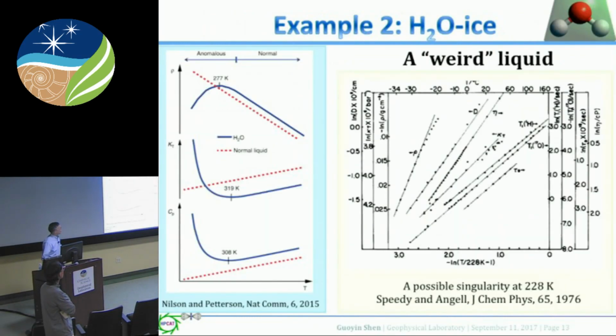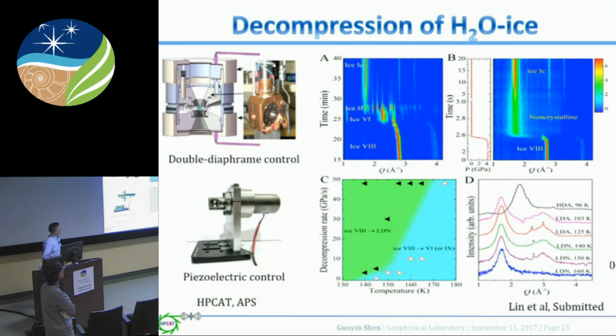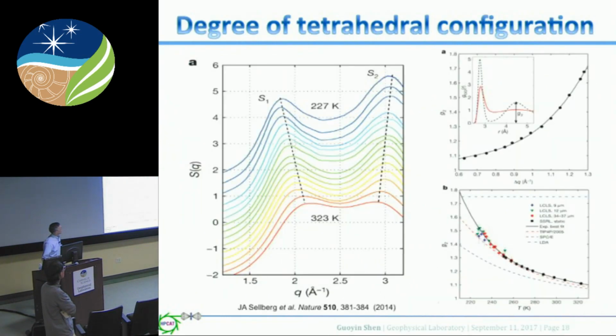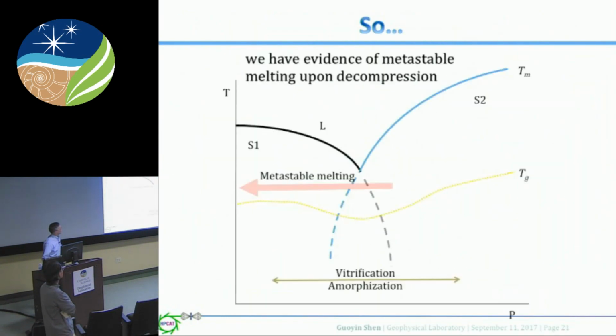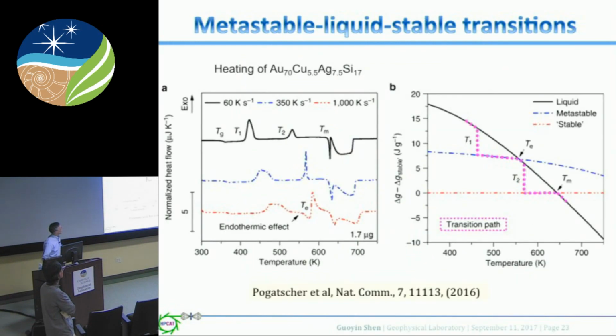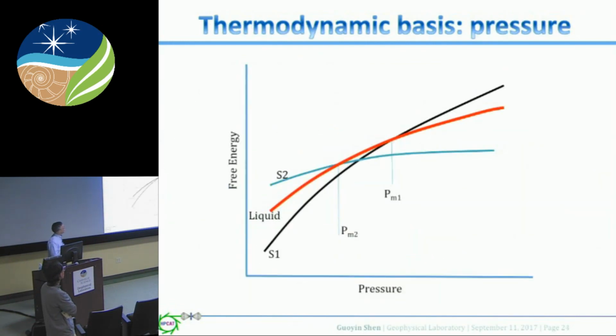If I may, I can change to this. Okay, here it is. So if the kinetics is hindered, there's an extension there, and then to the liquid. Yeah, I would rather go back to where you just were. Okay.